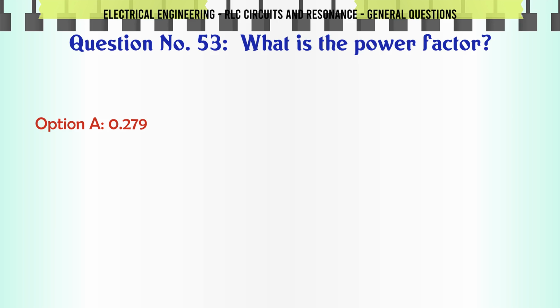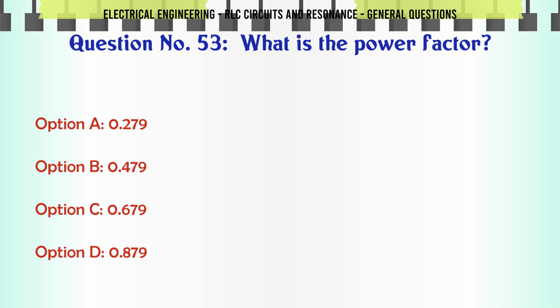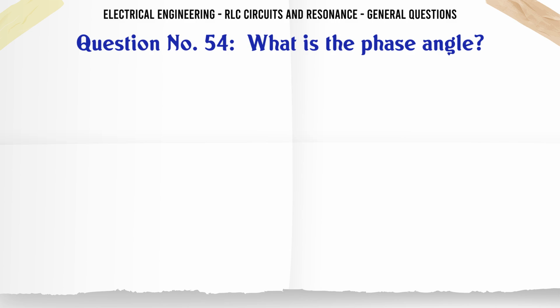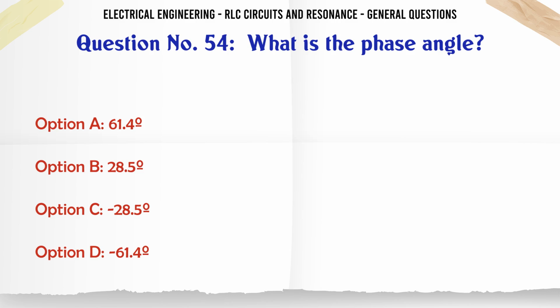A. 0.279. B. 0.479. C. 0.679. D. 0.879. The correct answer is 0.879. What is the phase angle? A. 61.4. B. 28.5. C. 28.5.